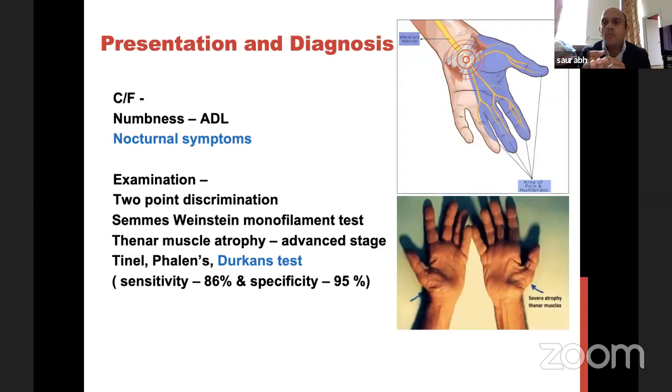Flexion is a pure movement which happens at MCPJ of the thumb. But abduction, flexion, and pronation are all happening at CMCJ. So please remember opposition. The initiator of opposition is abduction, abductor pollicis brevis. And that's why I'm emphasizing that.